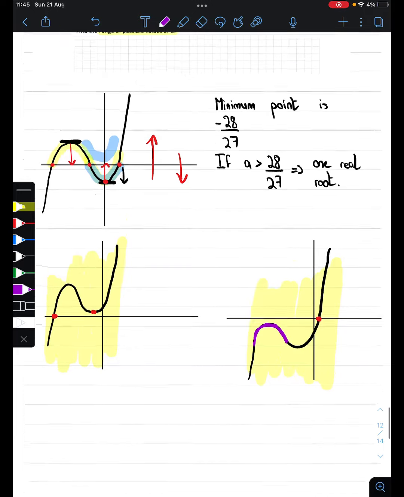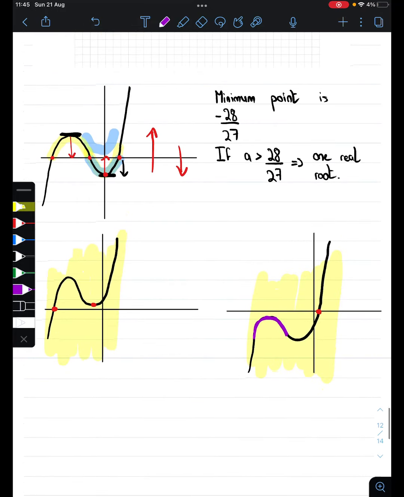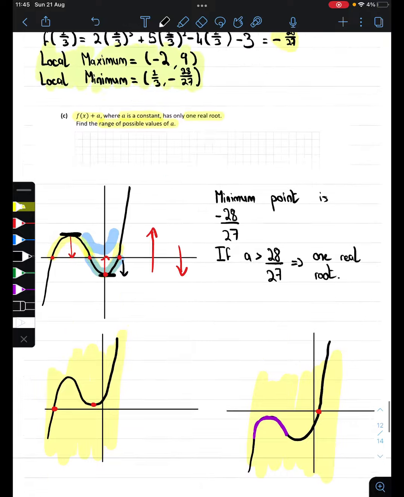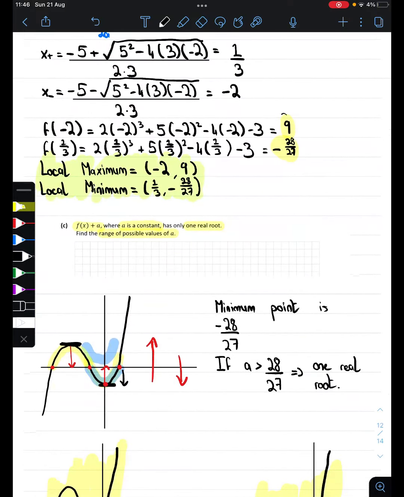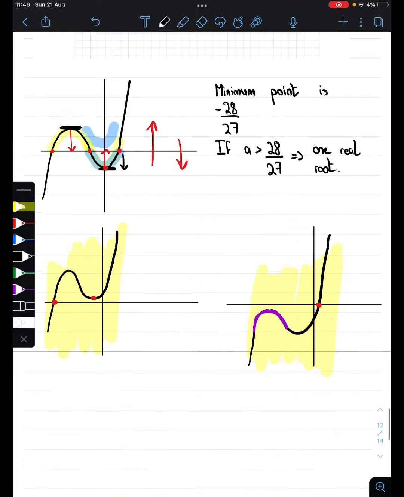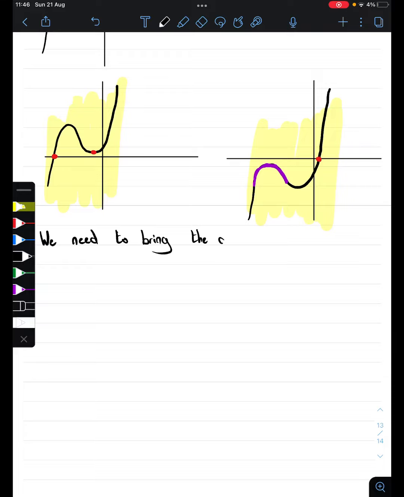And so how much does it take to bring this stretch below the x-axis? Well, this is 9 high. This is what we figured out. It's 9 high. So we need to bring the graph down by more than 9.